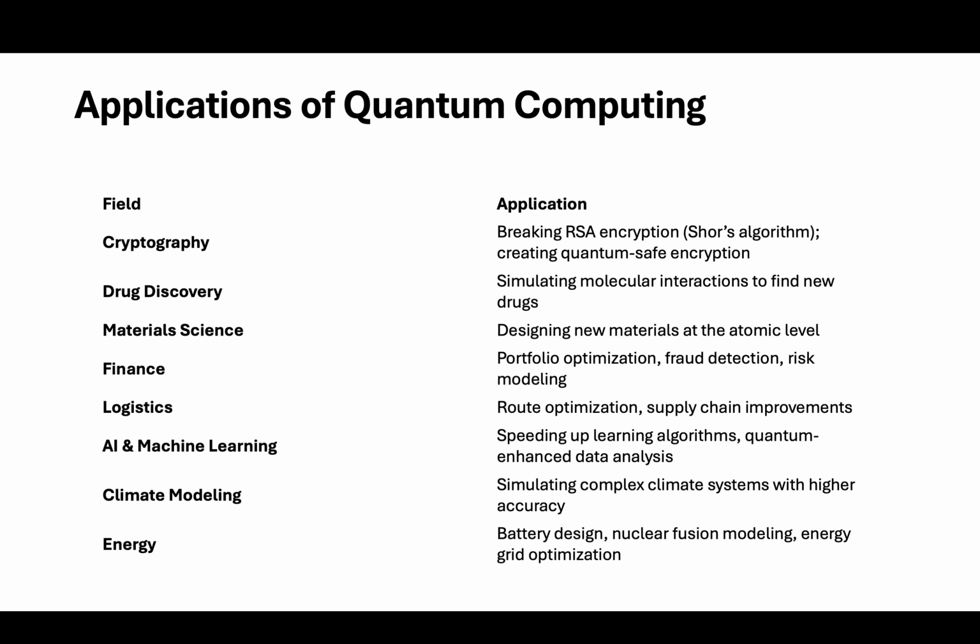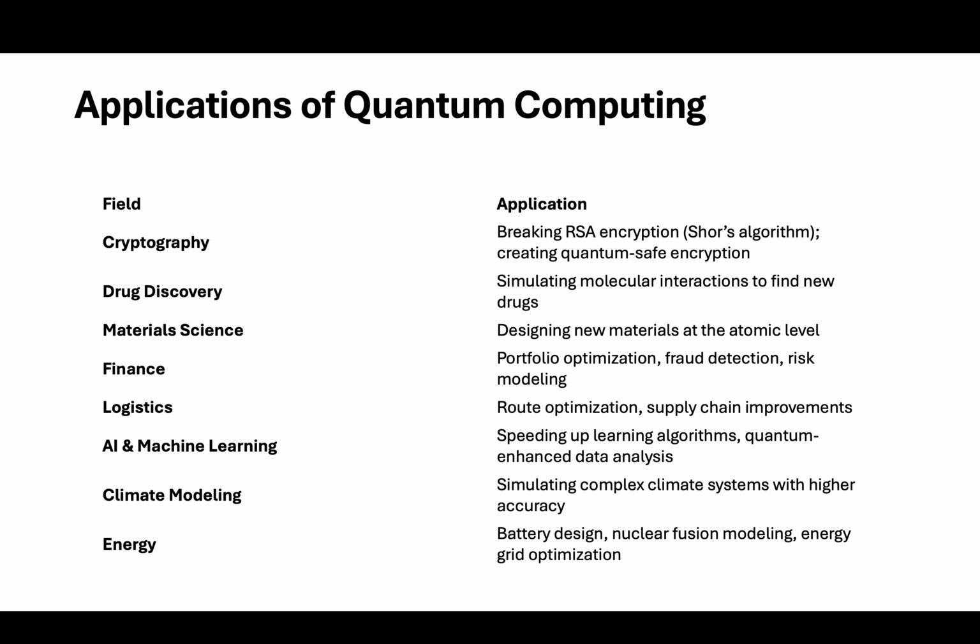Then climate modeling, simulating complex climate systems with higher accuracy. In the field of energy, battery design, nuclear fusion modeling, energy grid optimization. So these are the details you can get about quantum in different fields, be it energy, climate, logistics, finance, or cryptography.